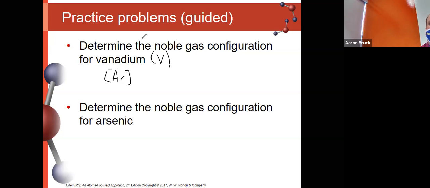What's left after argon? I've got 4s2, and I've got 3d, and I count 1, 2, 3 for vanadium, 3d3. And that's it. There's a 5 electron difference between argon and vanadium, and we just said where those 5 electrons are. 2 of them are in the 4s, 3 of them are in the 3d.